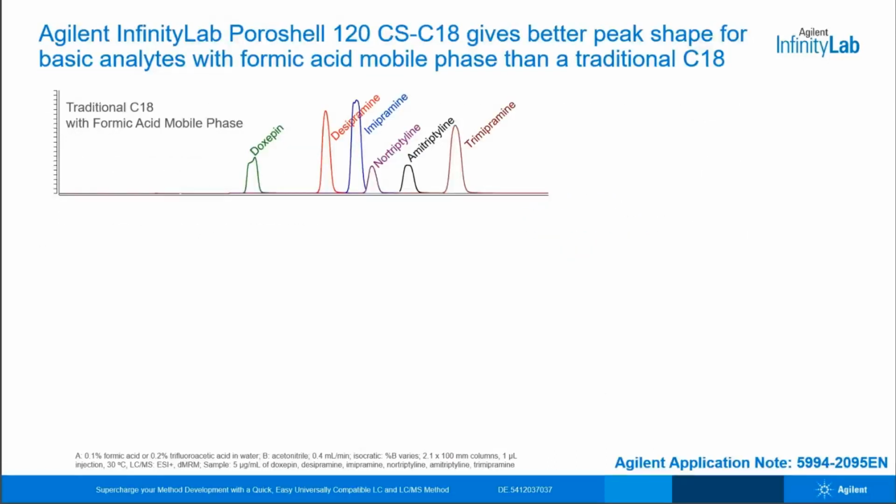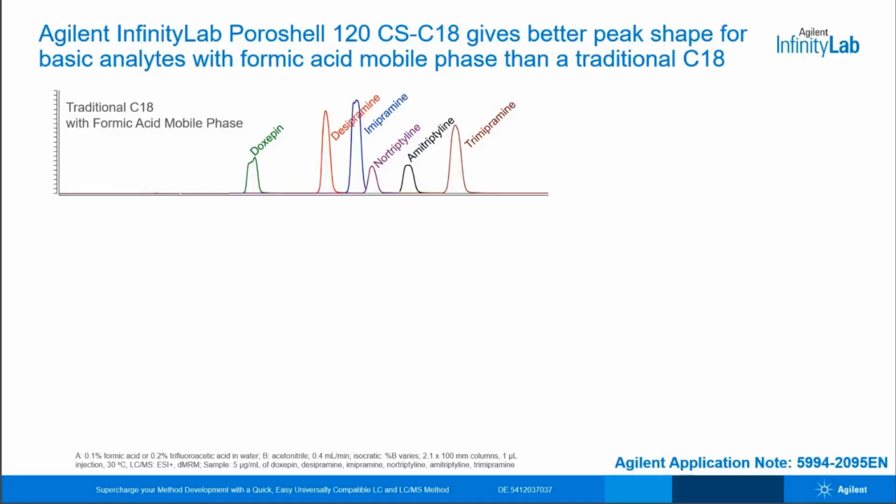Here you can see the potential peak shape issues for basic compounds with formic acid. This is a separation of tricyclic antidepressants, which are well known for their troublesome peak shape on a traditional C18 column with the formic acid mobile phase. These compounds often tail, but in this case you can see they are broadened and splitting.